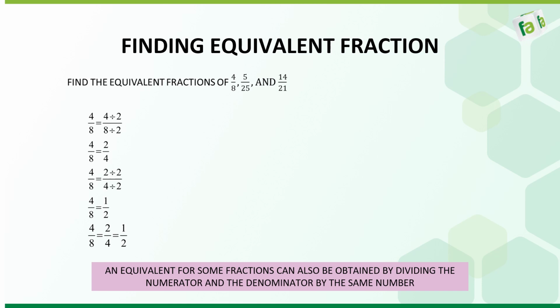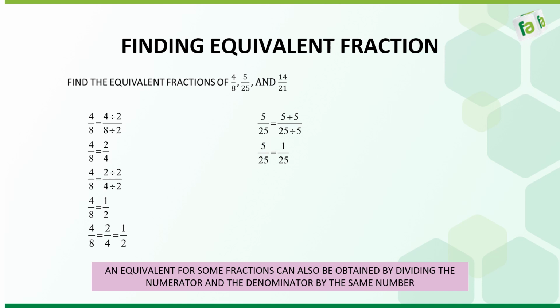For 5 by 25, the numerator 5 and denominator 25 can be divided by 5, which gives 1 by 5. Therefore, 5 by 25 is equal to 1 by 5.